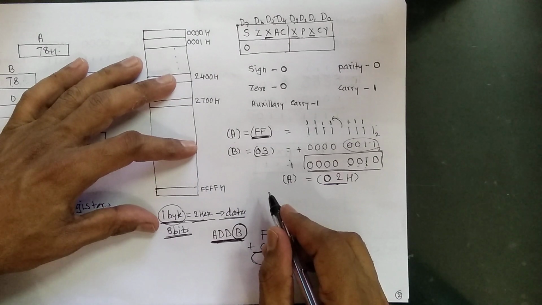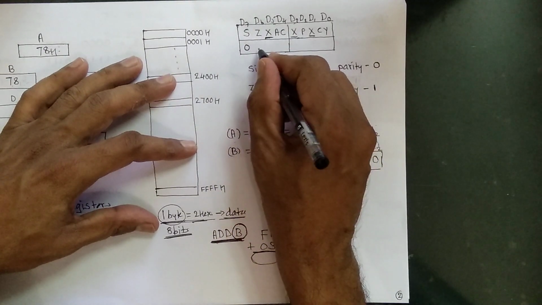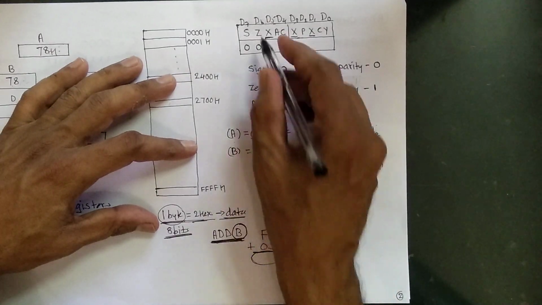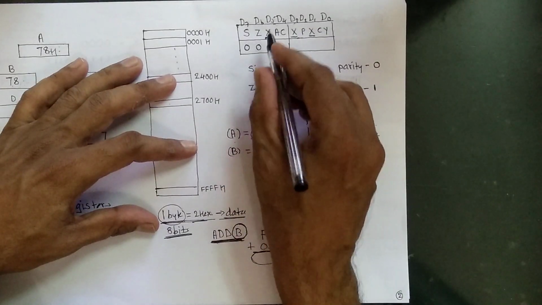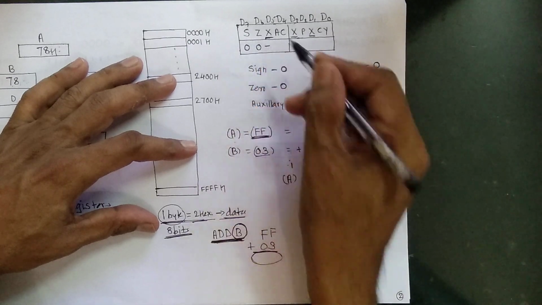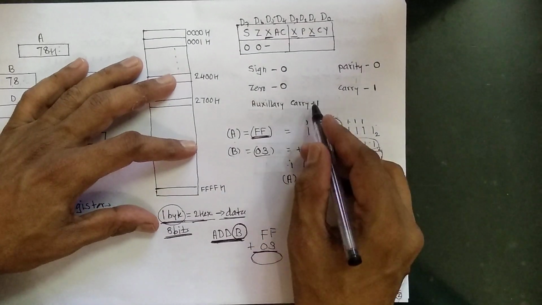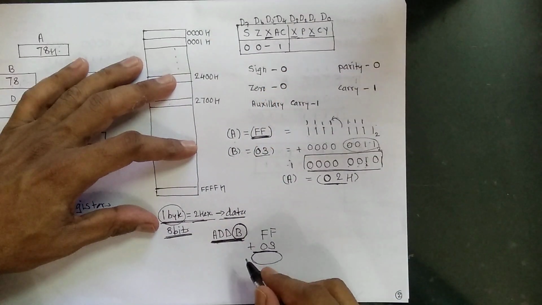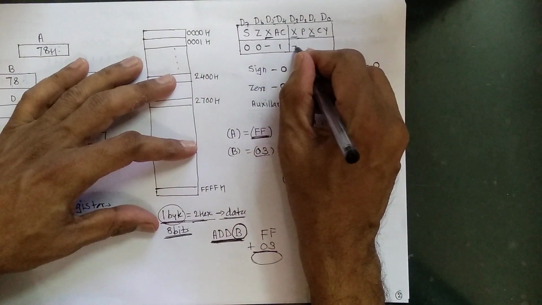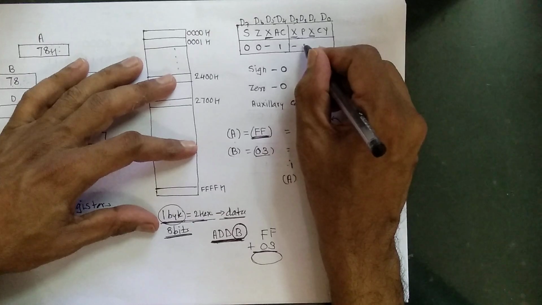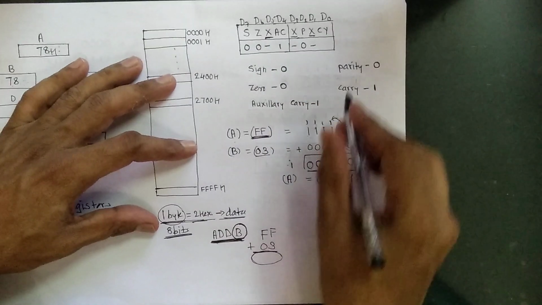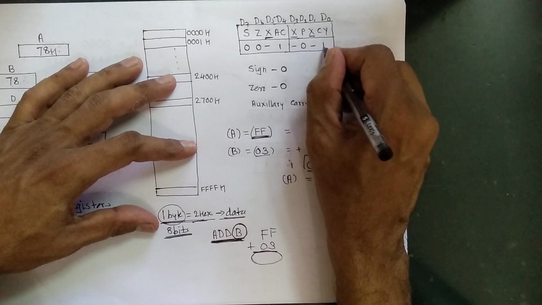The zero flag is having value 0, therefore put 0 here. Don't care conditions are kept blank as they are. Auxiliary carry is having value 1, therefore put 1. Don't care condition, parity equal to 0, put 0 here. Don't care condition, carry flag equal to 1, therefore put 1 here.